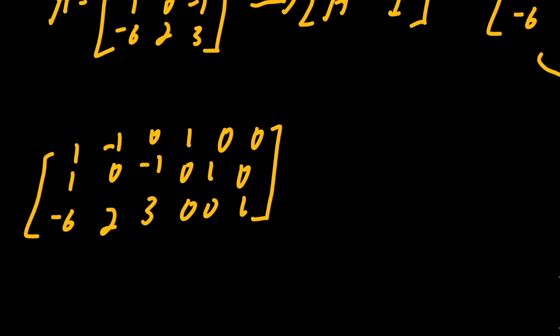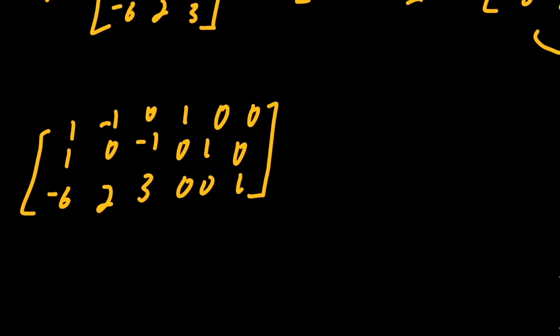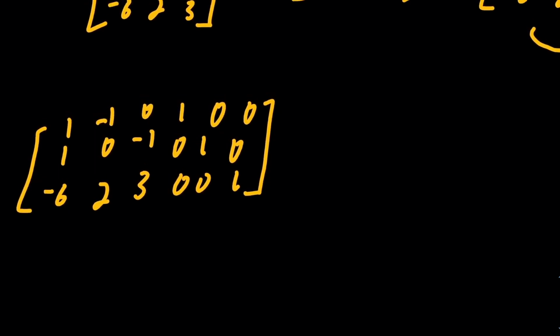So let's see here. What do we do first? Well, for starters, we can add. What if we add row 2 to -1 times row 1 and move it to row 2? Let's just start with that. So, we have row 2, and we're adding it to -1 times row 1, and we're gonna move that to row 2.